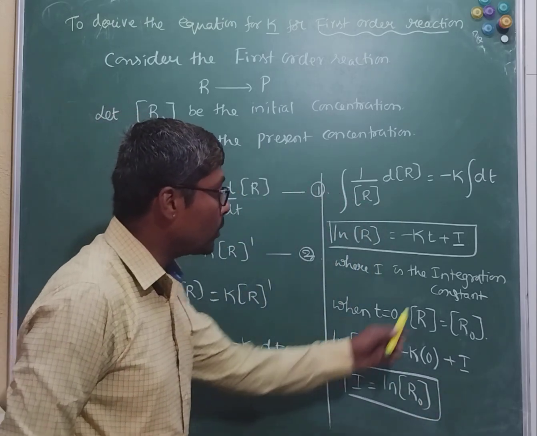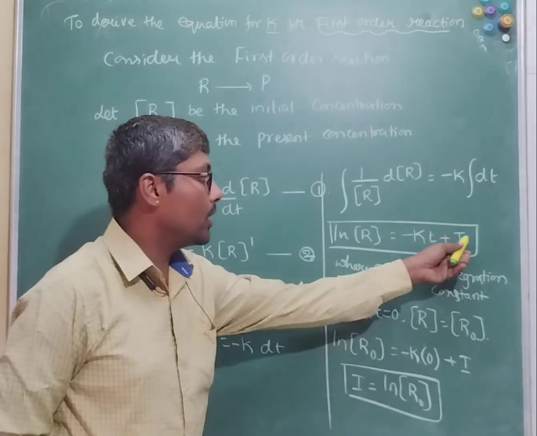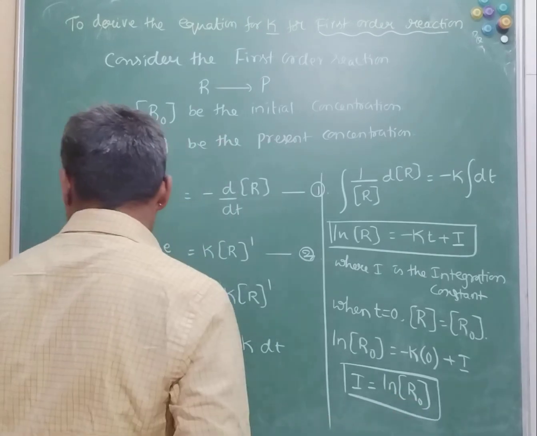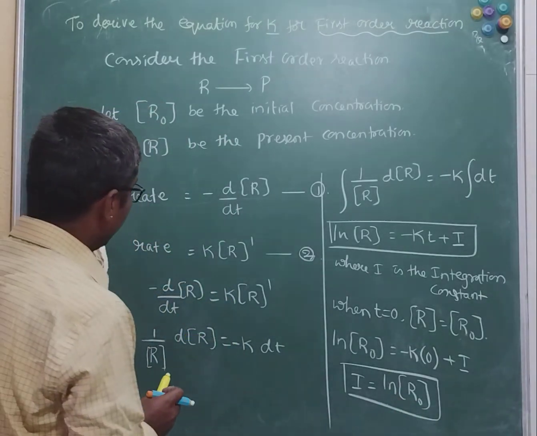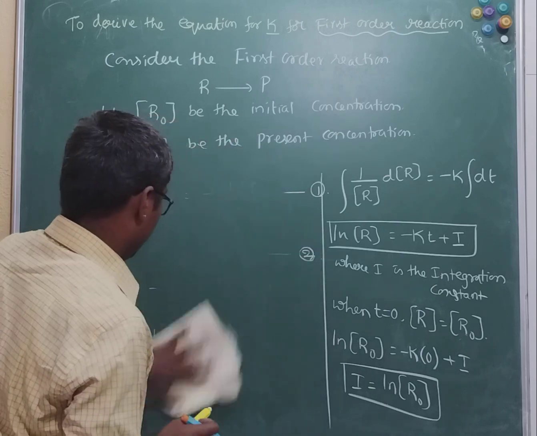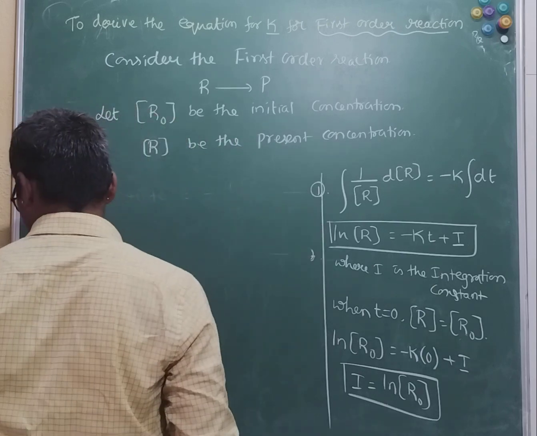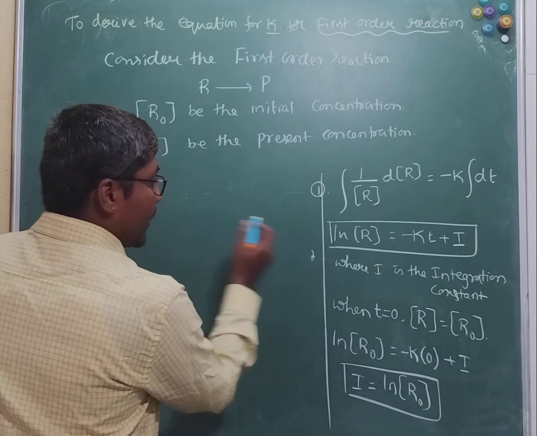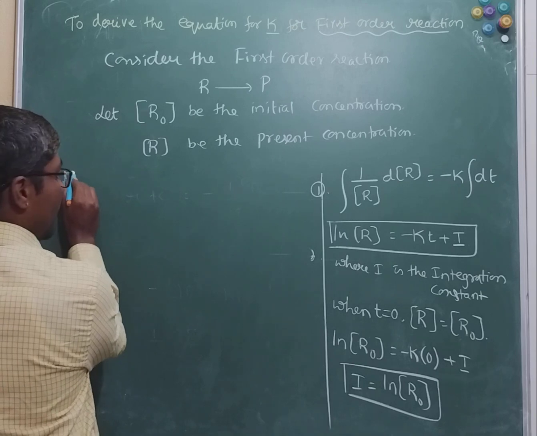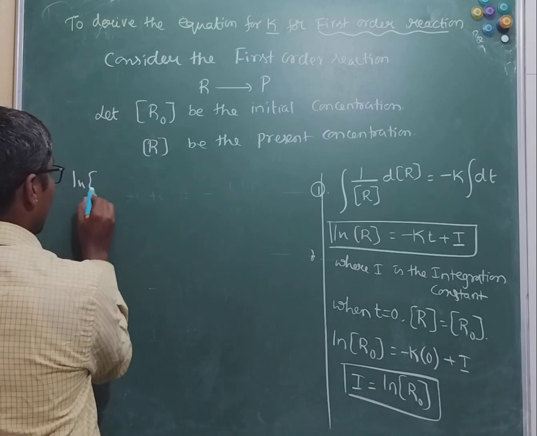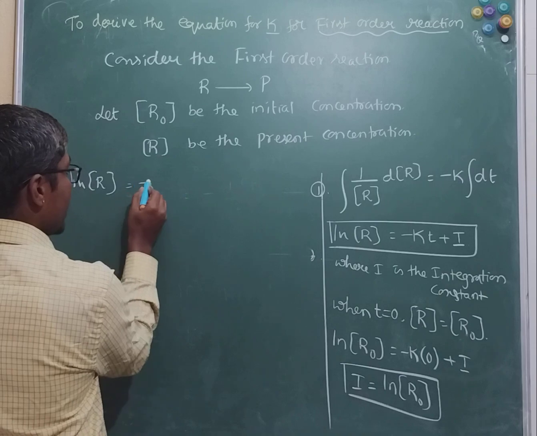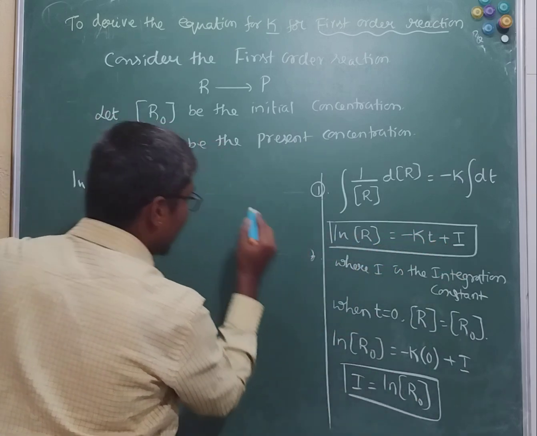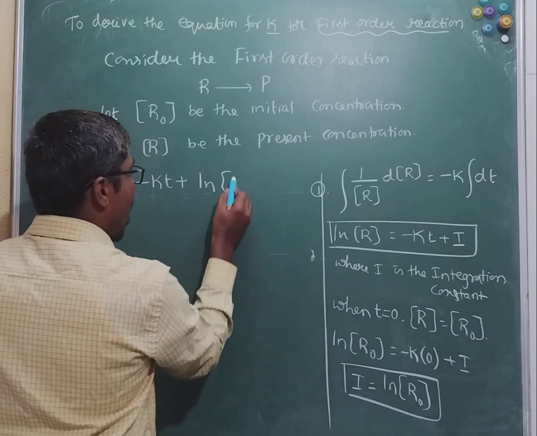Let us substitute the I value in the equation. In place of I, we replace it by ln R naught. The above equation becomes ln R is equal to minus Kt plus ln R naught.